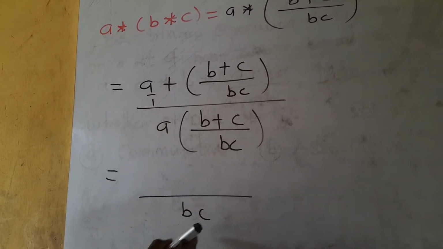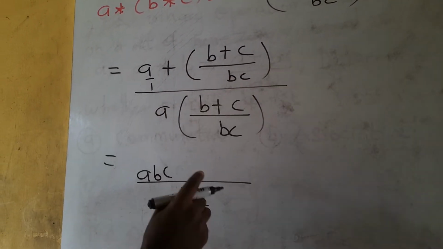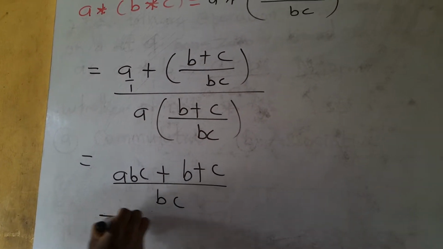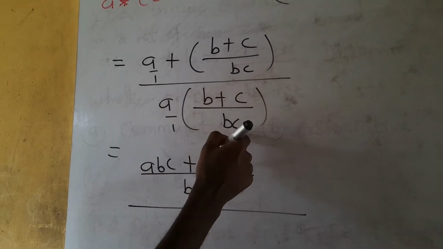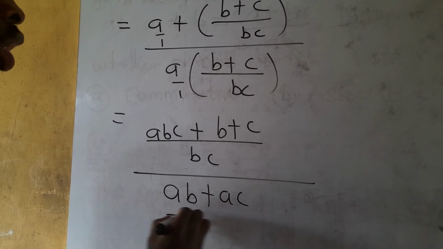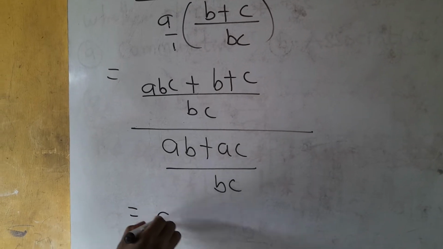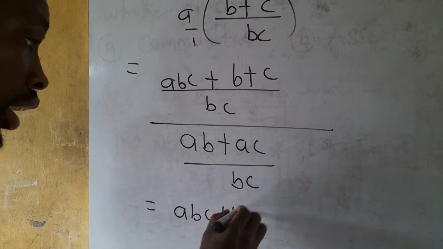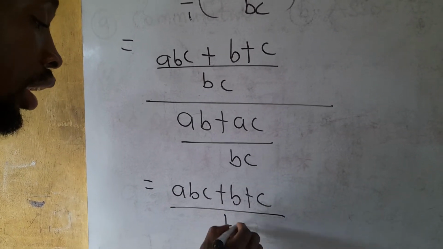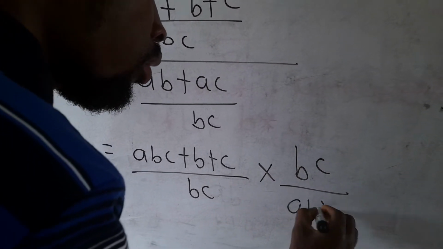BC divided by 1 will be BC times A will be ABC. BC divided by BC will be 1 times this will be B plus C again. All over, this is over 1, it will multiply this, multiply that. We have AB plus AC all over BC, which we can rewrite as ABC plus B plus C over BC, will reciprocate, times BC over AB plus AC.